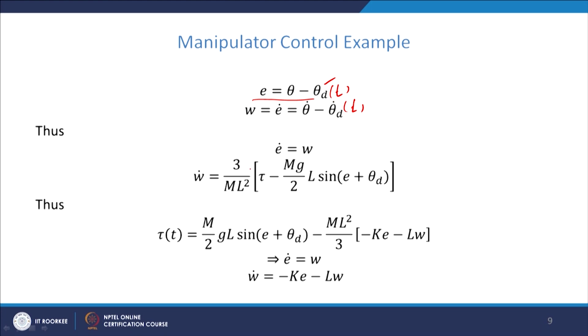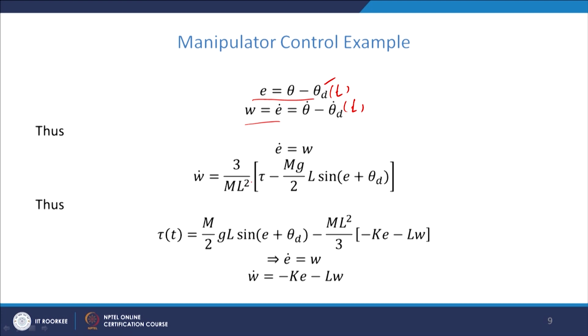Now, we define the system in the form of error and its derivative. So, let us say E dot is w as given here, and w dot is nothing but theta double dot minus theta d double dot. So, if you substitute that from here, we will get this expression.